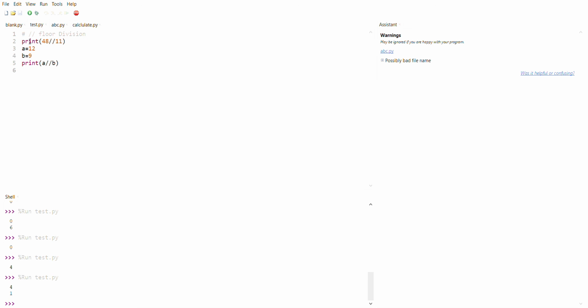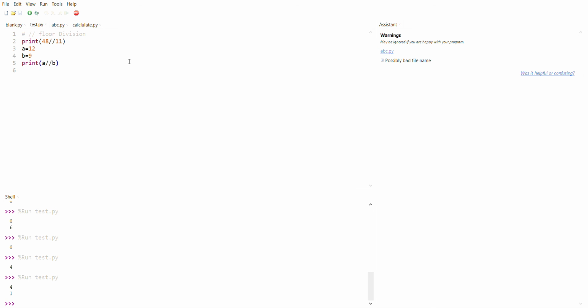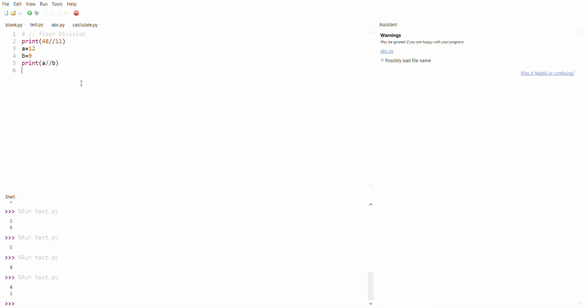And dividing, the value 4 is the answer of the above one. And now the 1 came from dividing 12 by 9. On dividing 12 by 9, we will get 1 point something. So it simply gives us the whole value, which is 1.